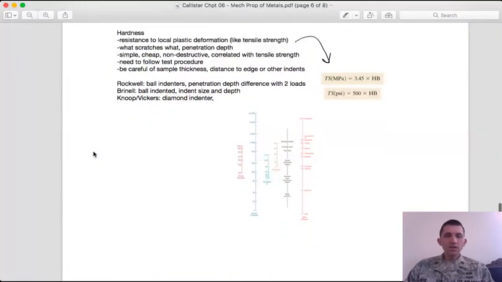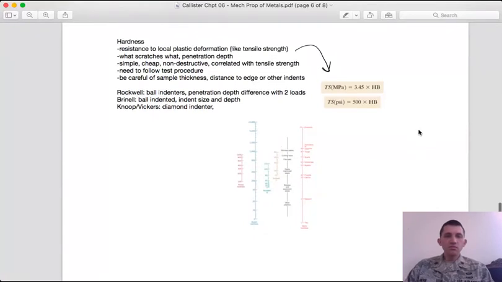And hardness has some analogy to tensile testing. It's still the resistance to plastic deformation, except instead of looking at plastic deformation of the entire part, you're just looking at a very localized area of plastic deformation. Hardness started off being kind of a gemology tool, where we were looking at the ability of one material to scratch another.